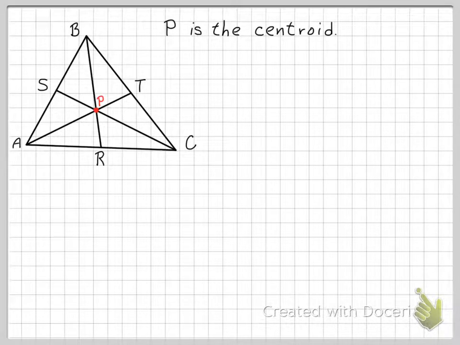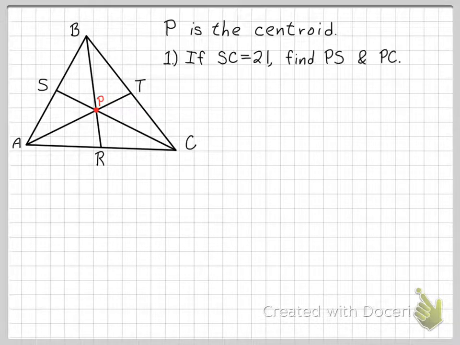Right now, I'd like to introduce you to some types of problems that you might get regarding the centroid. So we have this triangle where P is the centroid, and if SC equals 21, then our job is to find PS and PC. So let's start with PC. PC is equal to 2/3 of SC. Remember, the distance from the centroid to the vertex is equal to 2/3 of the whole entire median.